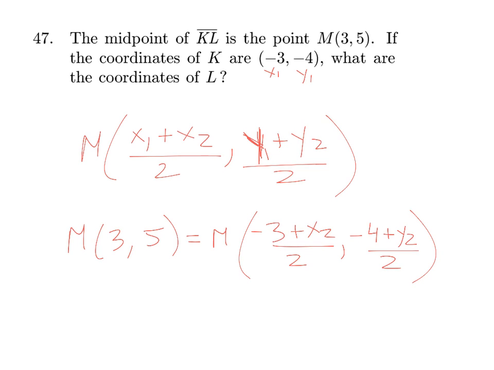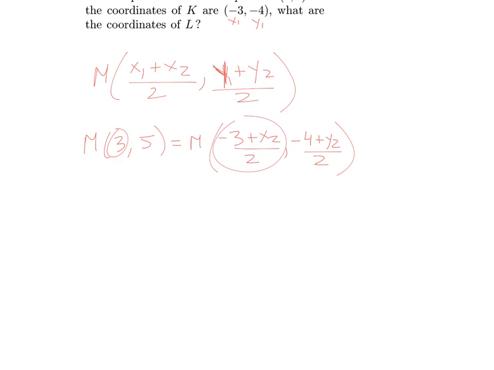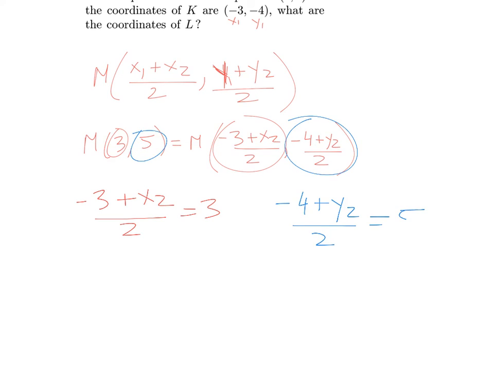So I have 3 is equal to that. Negative 3 plus x sub 2 over 2 is equal to 3. And then I have 5 is equal to that. Negative 4 plus y sub 2 over 2 is equal to 5. So I'm going to multiply by 2 on both sides. Add 3.